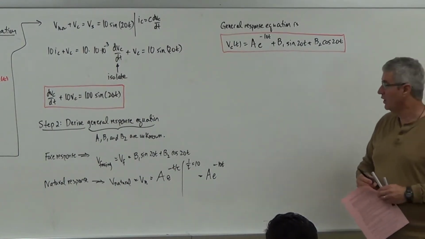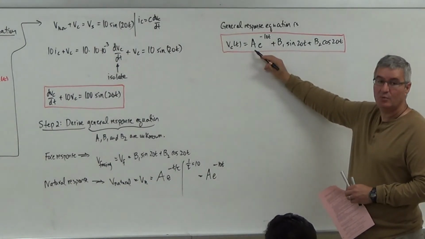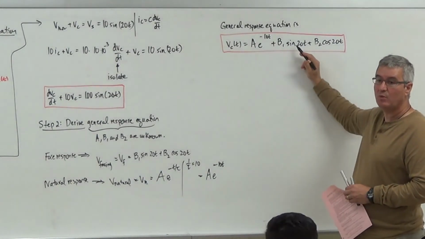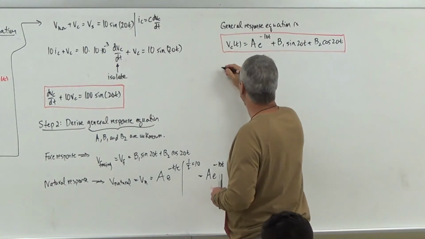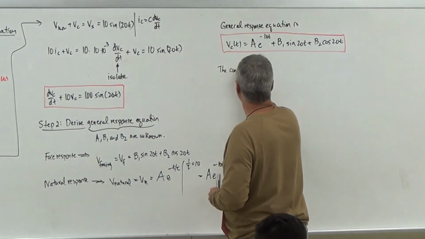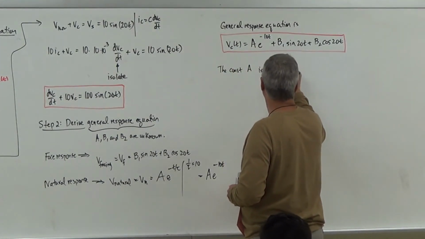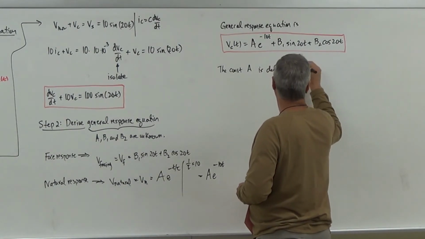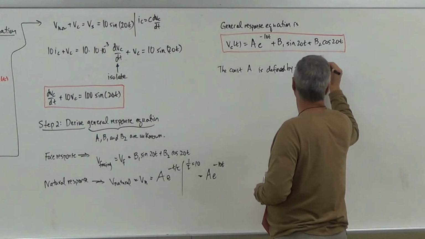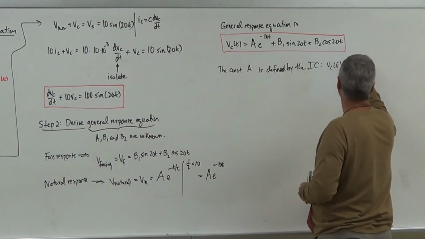So in order to solve for the constant A, we actually need B1 and B2 first. So what we say here is that the constant A is defined by the initial condition, which tells us that at Vc of 0 minus, it's actually 4 volts.